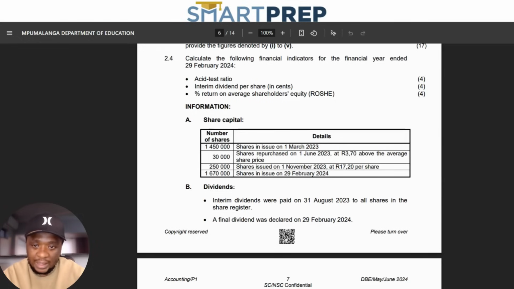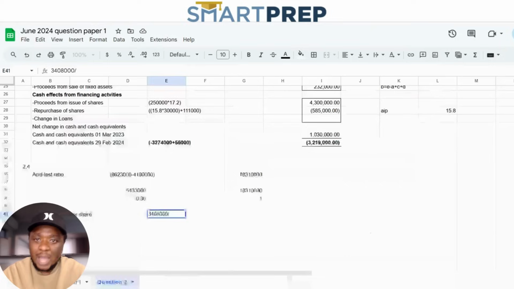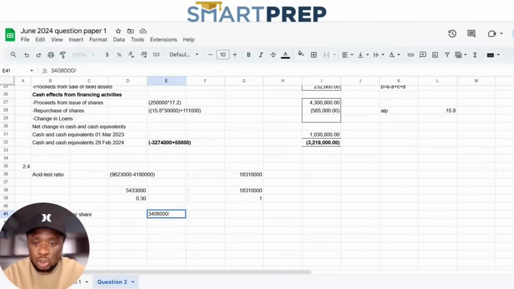So the number of shares that were issued on that date that the interim dividend was paid would be 1,450,000 minus 30,000, which would be 1,420,000.